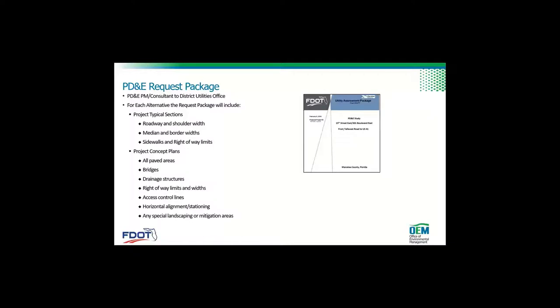And so this package will include the typical sections, the roadway and shoulder width, median border widths, sidewalk and right-of-way limits, and project concept plans. And I'll go ahead and not read that.